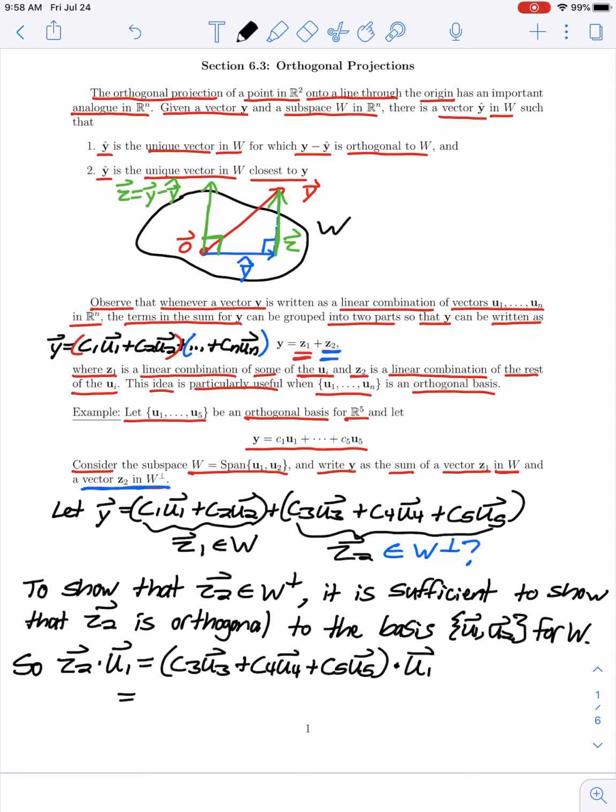Using the distributive property of the dot product, this is the same as C3 times the dot product of U3 with U1 plus C4 times the dot product of U4 with U1 plus C5 times the dot product of U5 with U1.